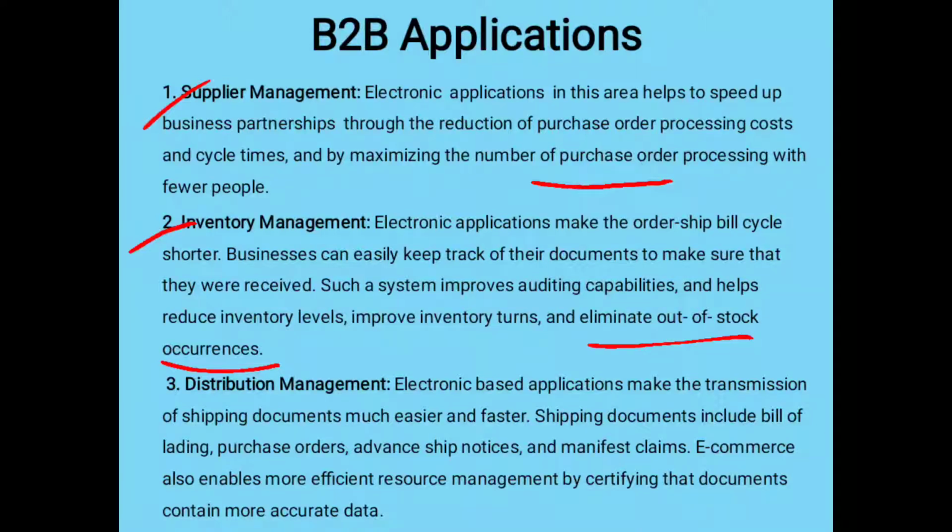Then we have distribution management. Electronic based applications make the transmission of shipping documents much easier and faster. Shipping documents include bill of lading, purchase orders, advance ship notices, and manifest claims. E-commerce also enables more efficient resource management by ensuring that documents contain more accurate data.